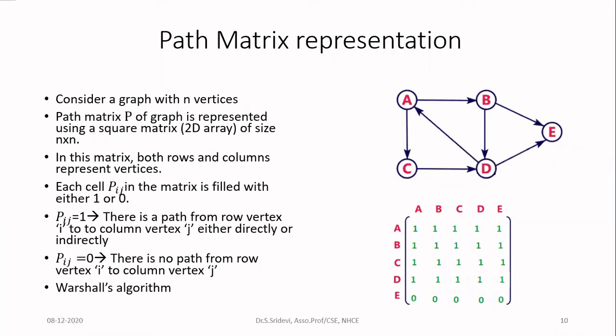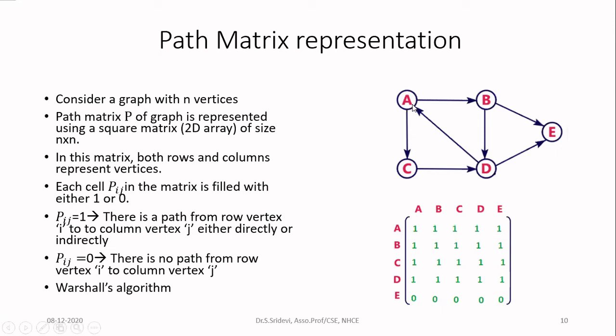In that case also, I have a path from i to j. So in both cases, I will write 1. And if Pij is equal to 0, it means that there is no path from row vertex i to column vertex j. And we will see in an algorithm known as Warshall's algorithm how to construct this path matrix. Let us simply consider what will be the output for this particular graph. So now let me check the path matrix.